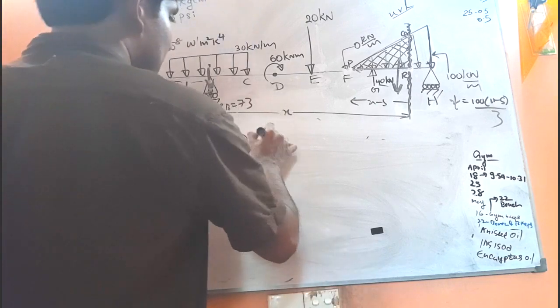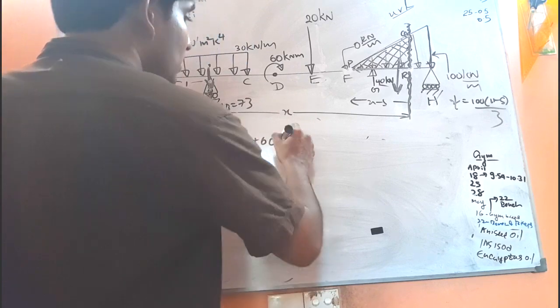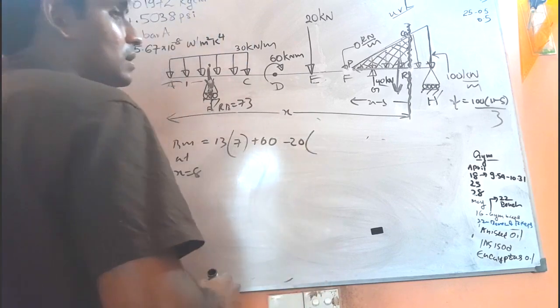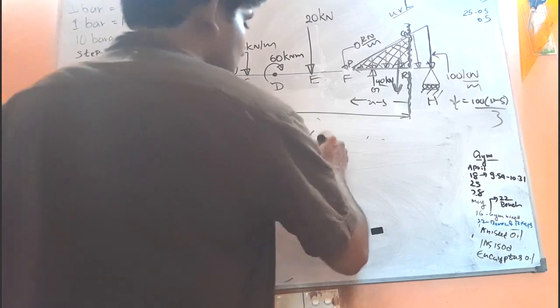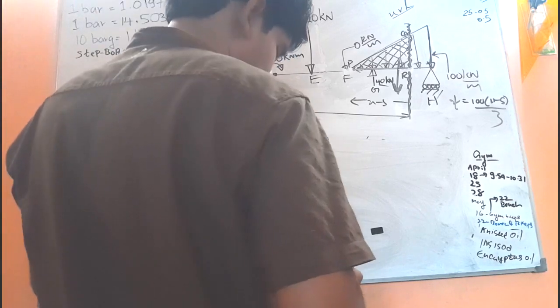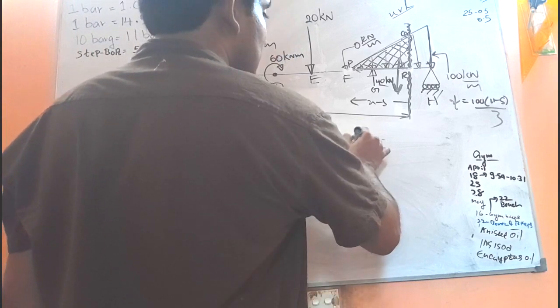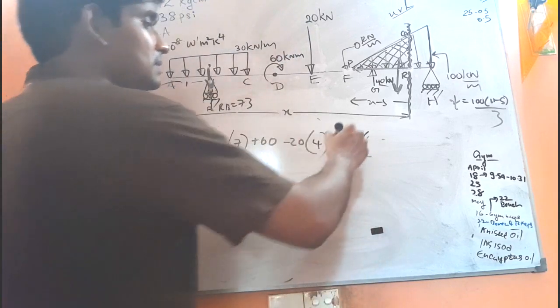Plus 60 will be there. Minus 20 times x minus 4. X minus 4 means now x is 8, 8 minus 4 is 4. Plus 40 times x minus 6, which means 8 minus 6 is 2.